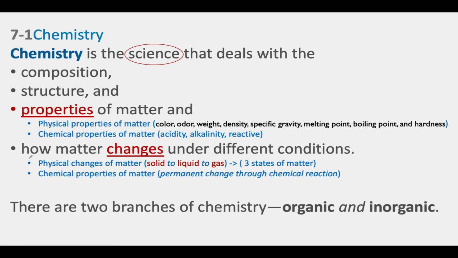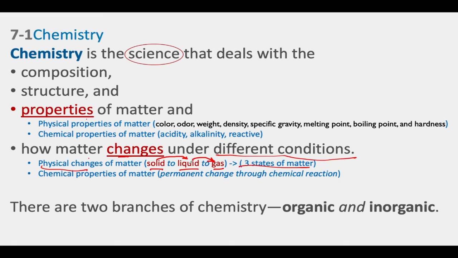Then something we talk about is how matter changes. So first we're looking at properties, then changes under different conditions. So if there's physical change of matter, and that's simple, we know that there are three states of matter. We have solid, liquid, or gas. And when changes happen, a solid can turn into liquid. Liquid will turn into gas.